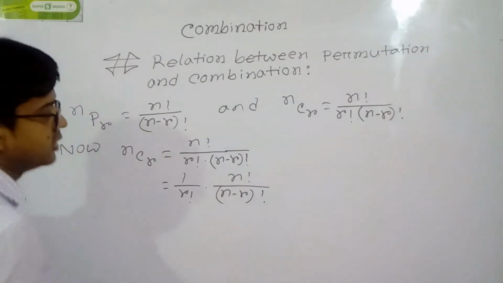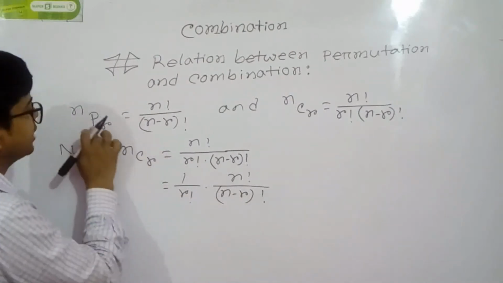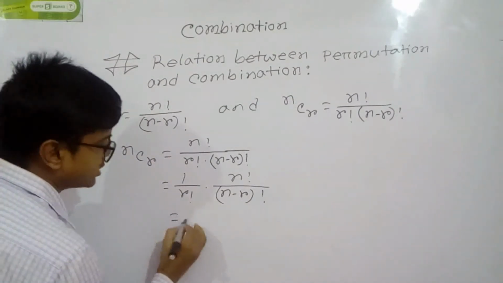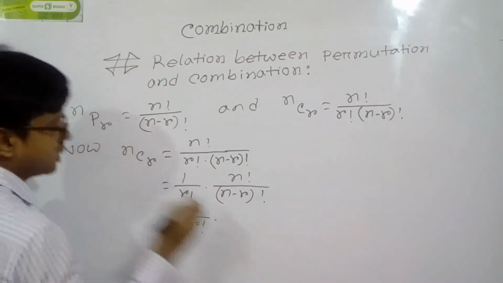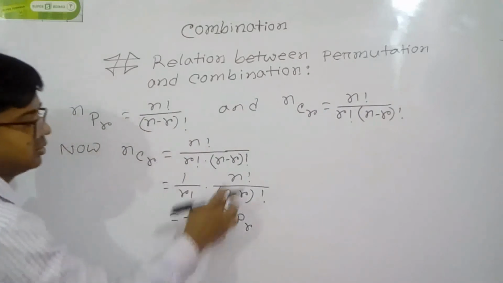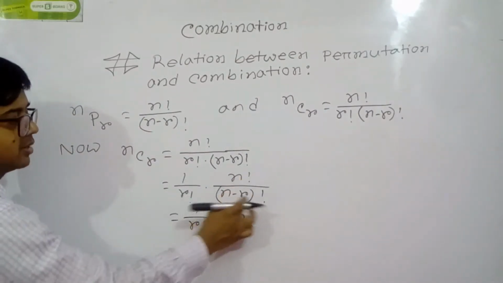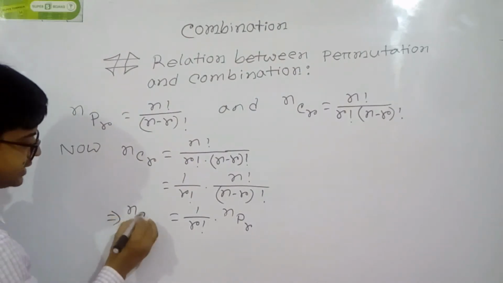So now we can put this value of nPr. So we can write 1 by factorial r into nPr, which is the value of factorial n by factorial n minus r, equals nCr.